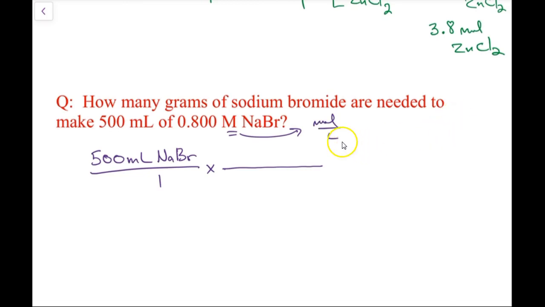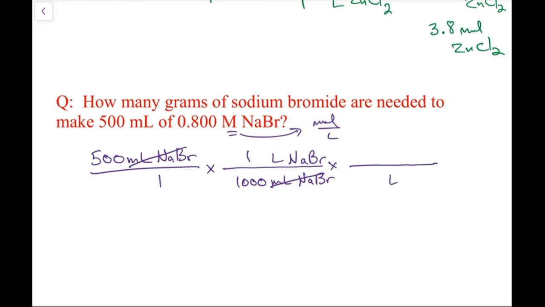Since that's moles per liter, not milliliter, we need to convert to liters before we can go to moles. So I'm going to get rid of milliliters of NaBr and go to liters so that I can then go to moles. And 1 liter is equal to 1,000 milliliters.